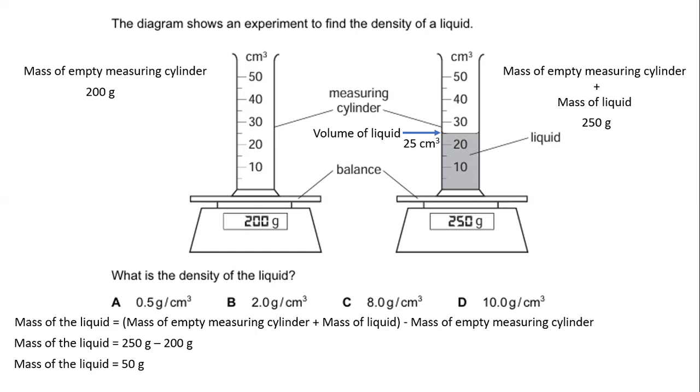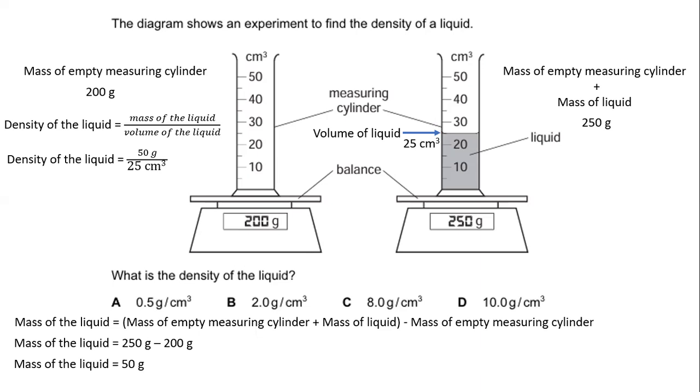So the mass of the liquid is equal to 50 grams. So the density of the liquid is the mass of the liquid divided by the volume of the liquid. When we substitute values, mass of the liquid 50 grams, volume of the liquid 25 cubic centimeter, which is 2 grams per cubic centimeter. So the answer is B.